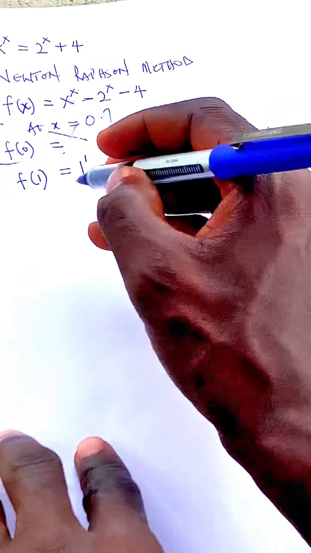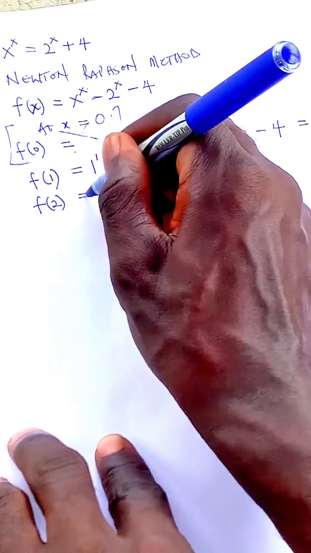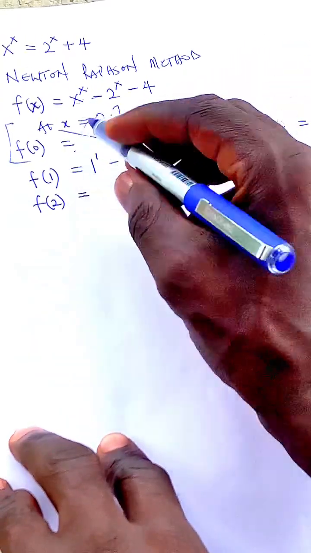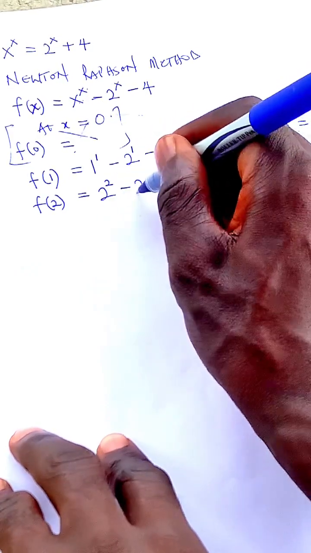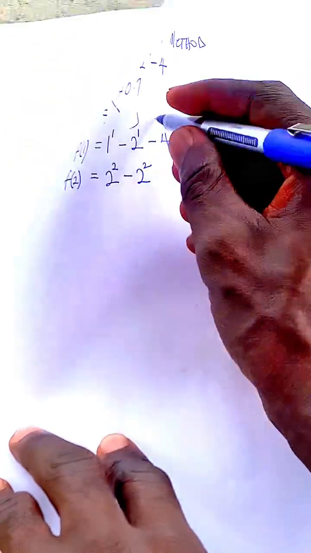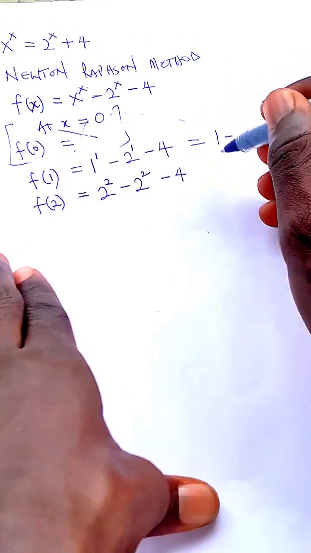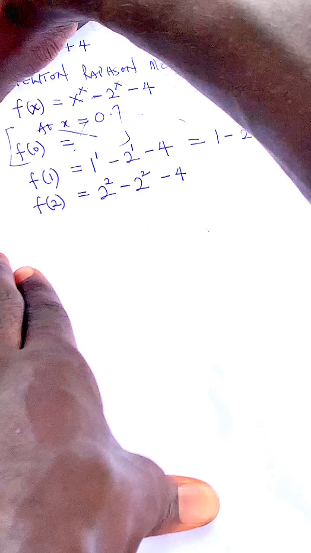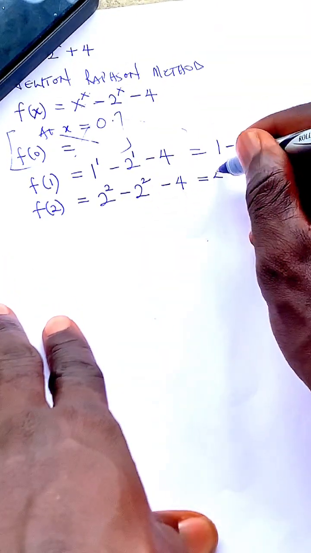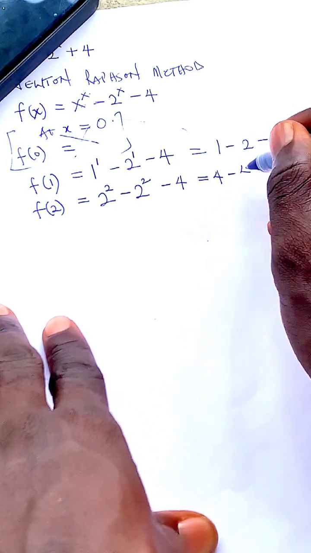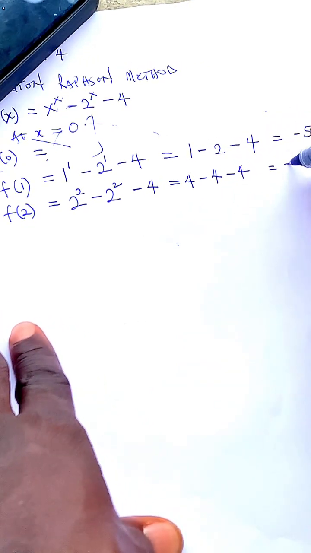Then we check again the function at x equals 2. At x equals 2, we have 2 to the power of 2 minus 2 to the power of 2 minus 4, which is 4 minus 4 minus 4, and which is equal to minus 4.